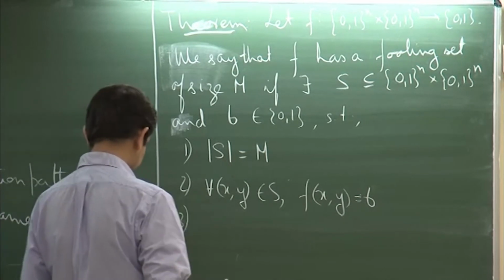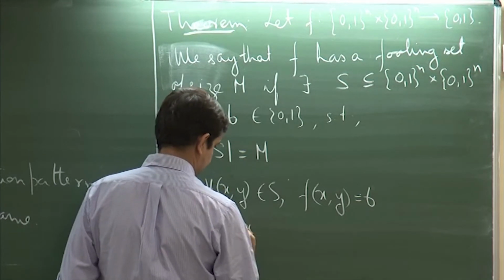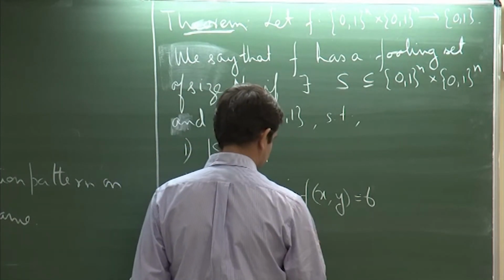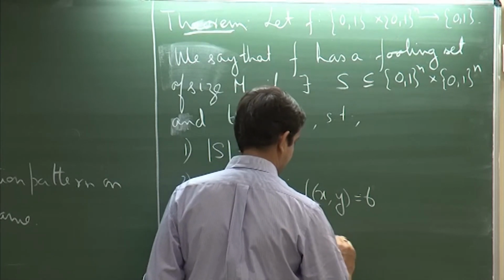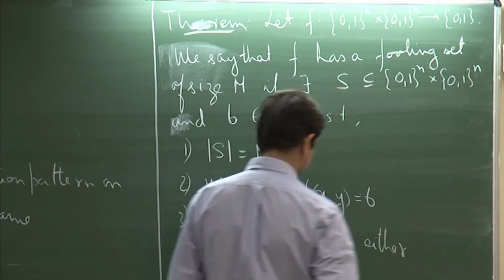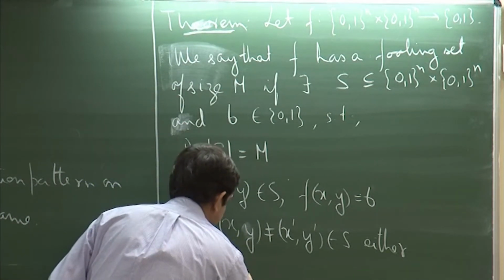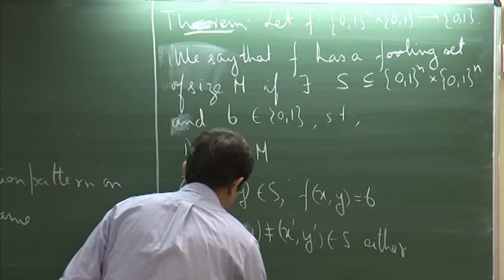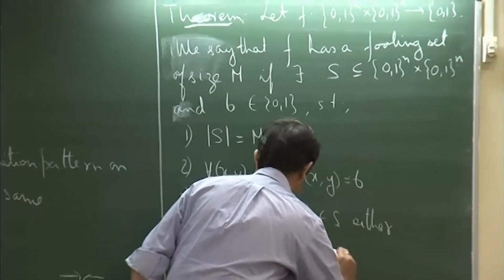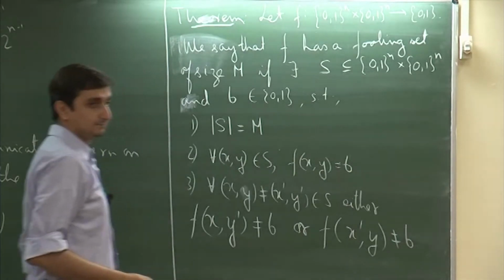the third condition is that for all x comma y not equal to, let us say, x prime comma y prime in S, either f of x comma y prime is not equal to b, or f of x prime comma y is not equal to b.